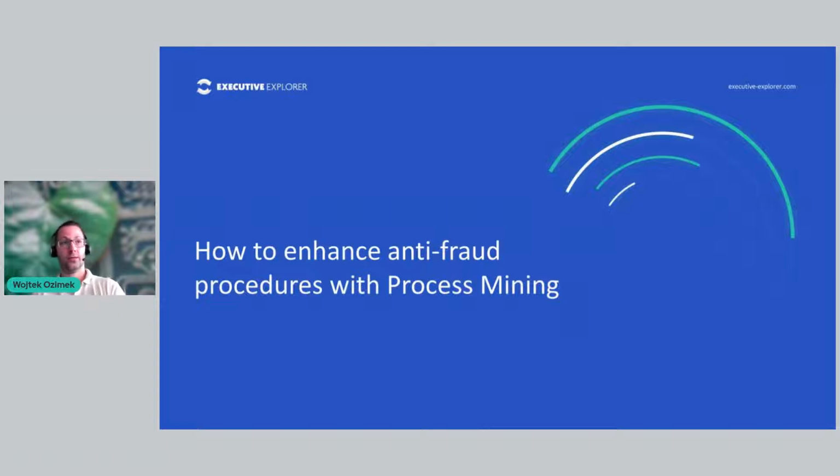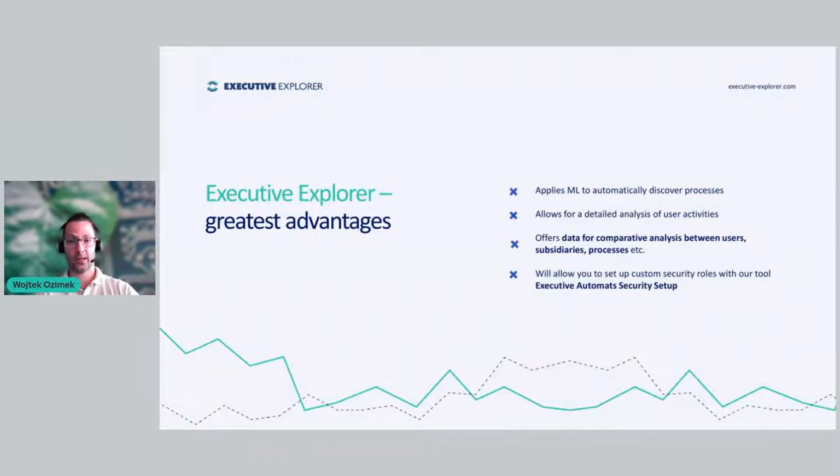Okay, so I'm not sure how many of you are aware, but process mining is an application of machine learning algorithms, right? So complicated statistical and big data analysis to automatically detect processes and tasks that are performed in a specific IT system.